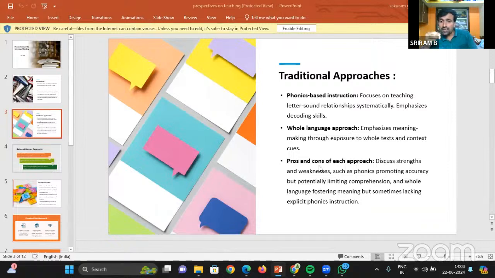But when you become a mature reader, we have discussed the mature reader, right? So who is considered a mature reader, can anyone say? And what is mature reading? Yeah, who has perfect vocabulary.